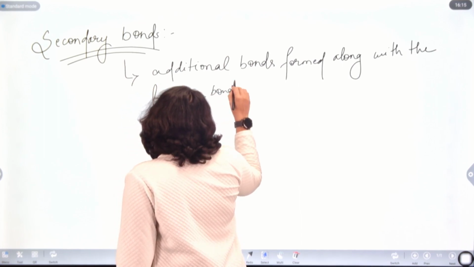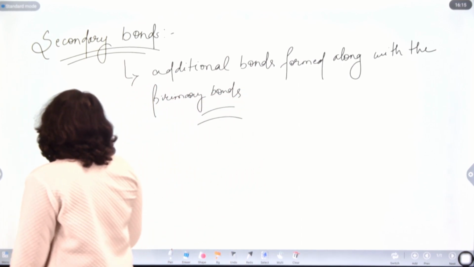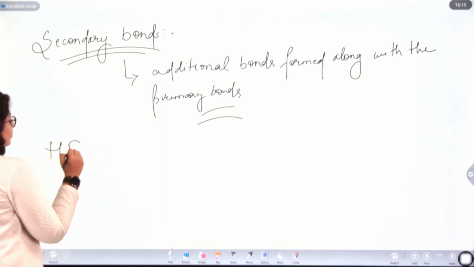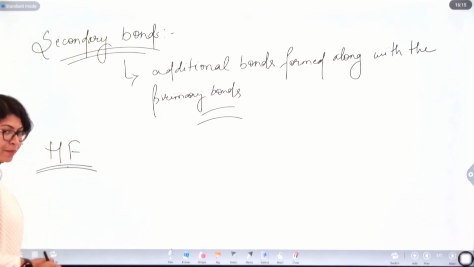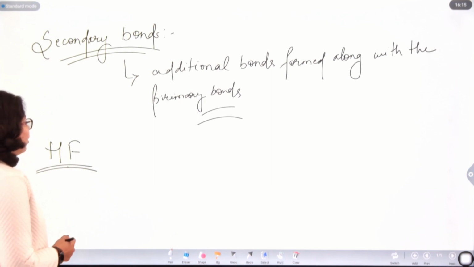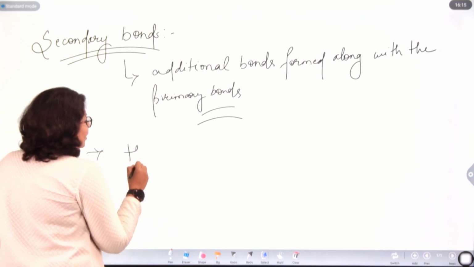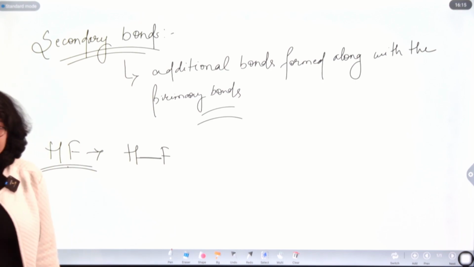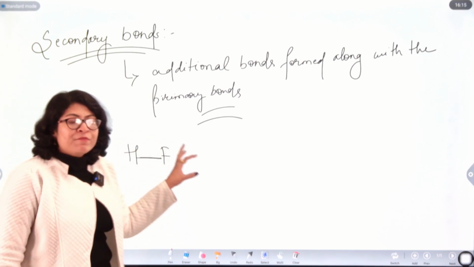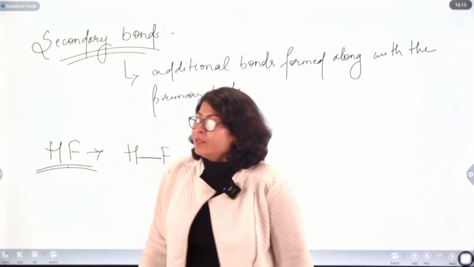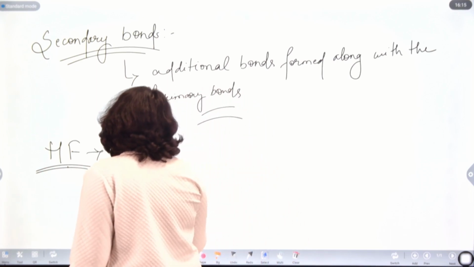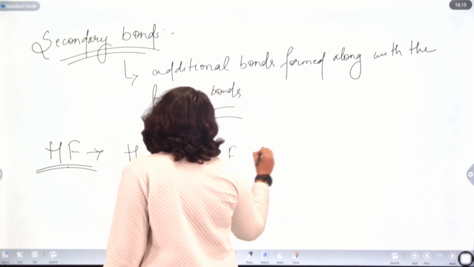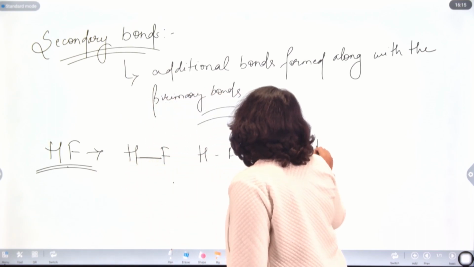Okay. Suppose I'm taking the example of the formation of HF, hydrofluoric acid. How is it formed? There is a covalent interaction between H and F. Now, when this HF is present in a crystal lattice, there will be many molecules of HF present around.